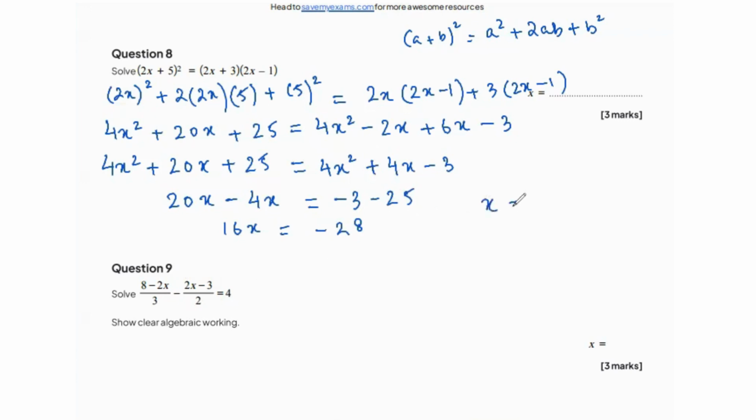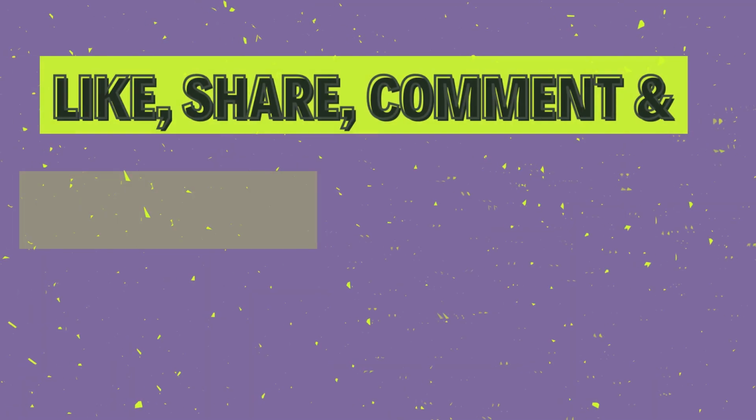And x is going to be negative 28 divided by 16, which can be simplified to negative 7 over 4. And to write it in mixed numbers, that's going to be negative 1 whole number 3 by 4. That is your answer.